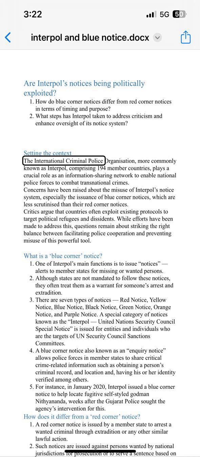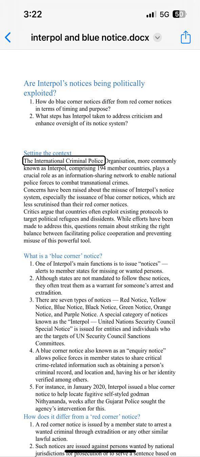So black color notice is to seek the information on unidentified bodies. Then coming to green color notice. Green color notice is the fifth one.